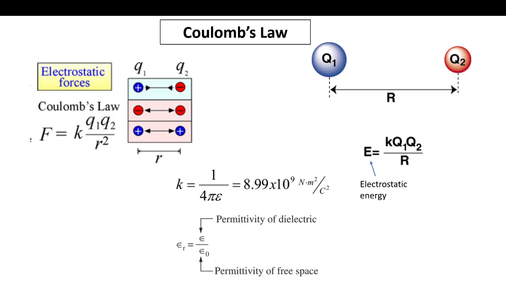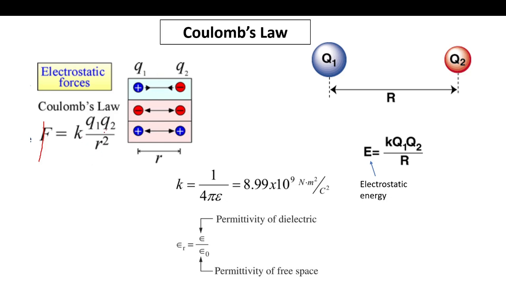Coulomb's law states that the electrostatic force F is equal to K multiplied by Q1 multiplied by Q2 divided by R square, where R is the distance between the charges Q1 and Q2.